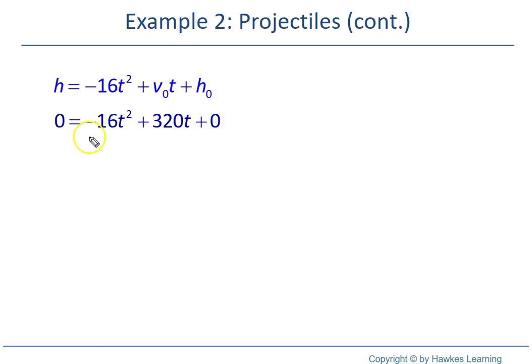So the first thing we should do is just get rid of any common factor. So we can divide this by a negative 16, this by a negative 16, negative 16, negative 16. So this then gives us t squared minus 20t.